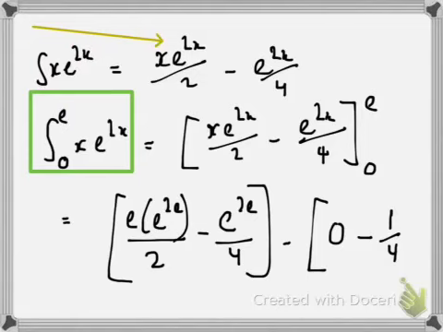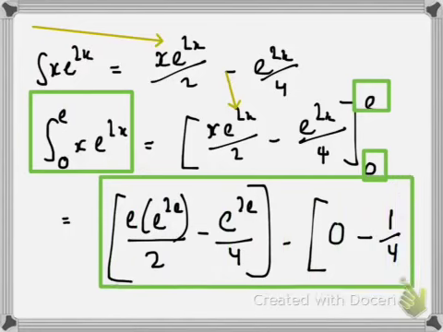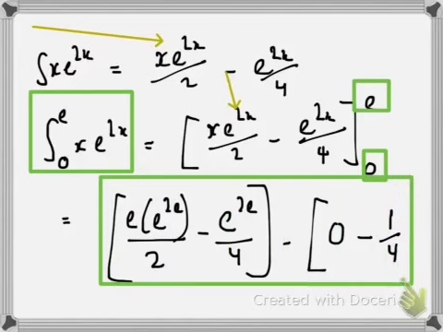So it's a matter of putting my square brackets there. I've got my terminals over here, 0 to e. I've taken the integral down here, and then I substitute in wherever there's an x. Wherever there's an x, I've put in an e there, minus putting in a 0.